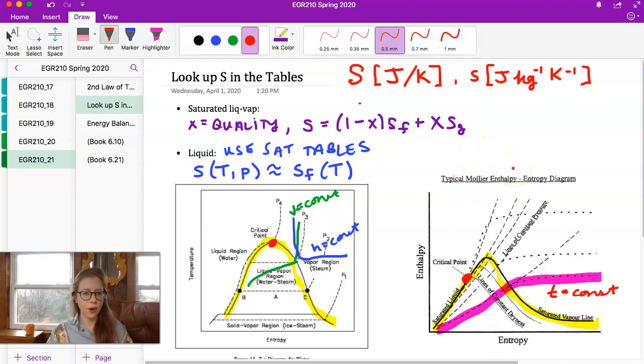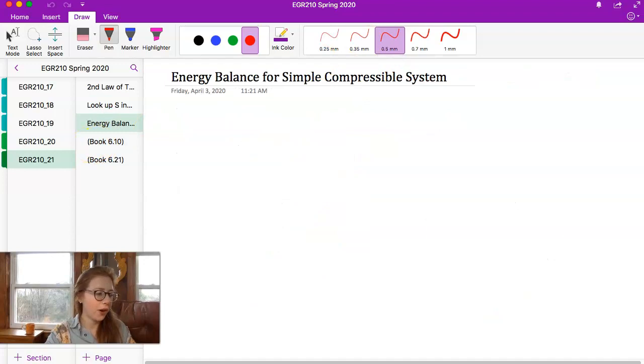All right, so let's move on, and we'll get into some exercises very soon. But first, we're going to look at the energy balance for a simple compressible system.